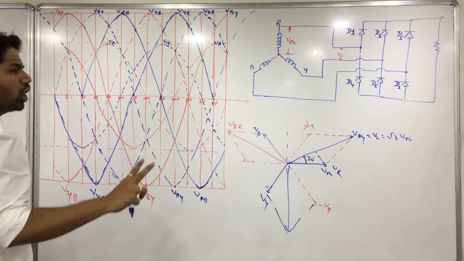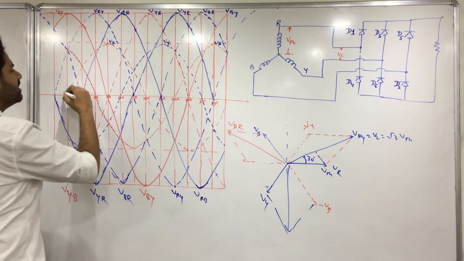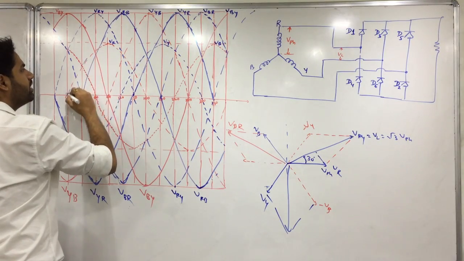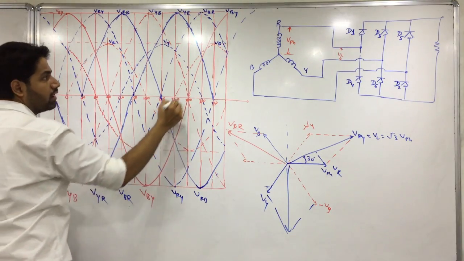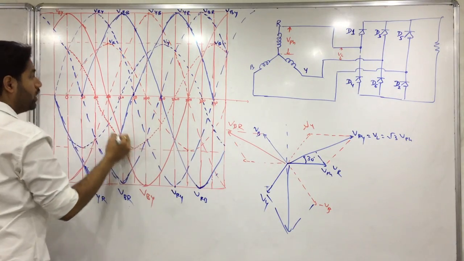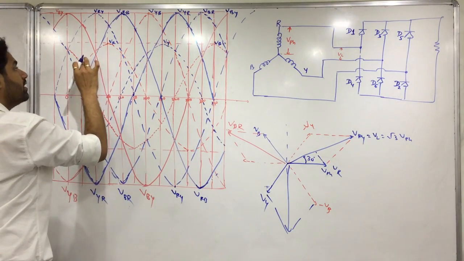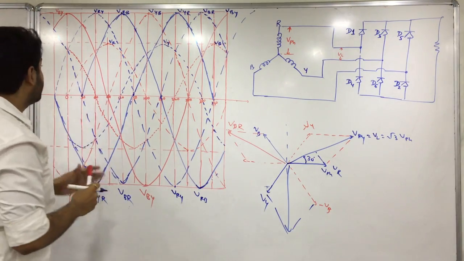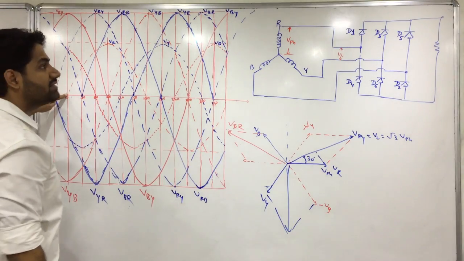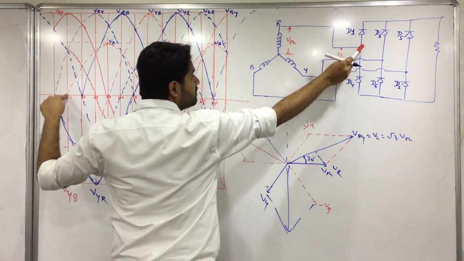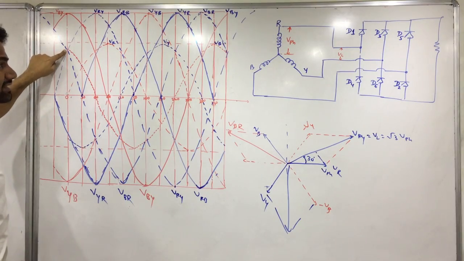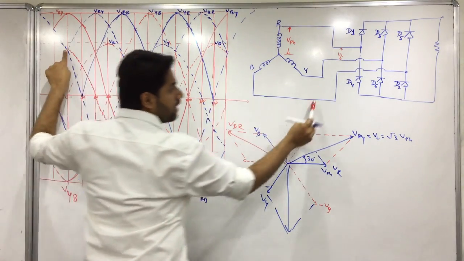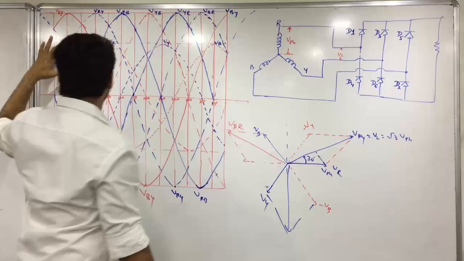lines that I am saying, two voltages that I am saying. This is which voltage? This is which voltage? VB. Only VB. So see, when I am starting at 0 over here, when I have 0 voltage over here, VB is having higher magnitude.